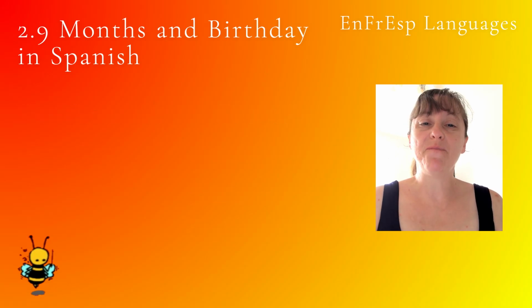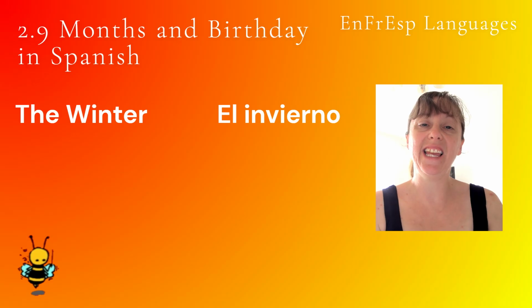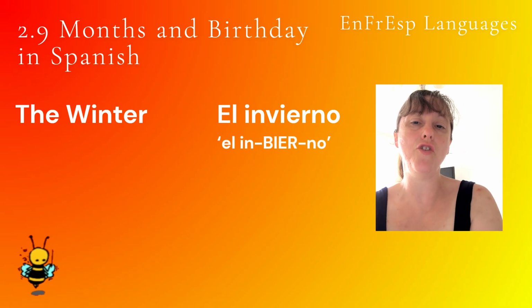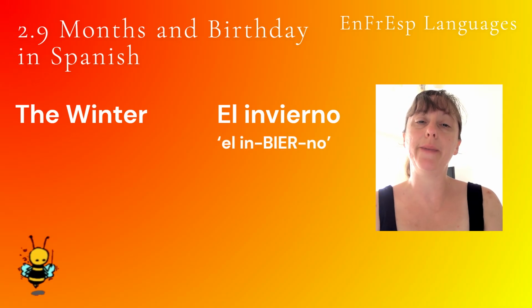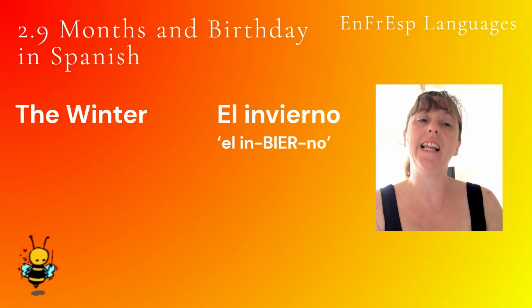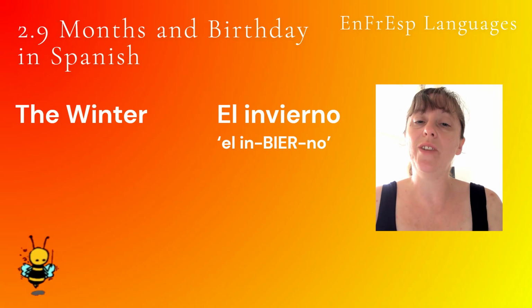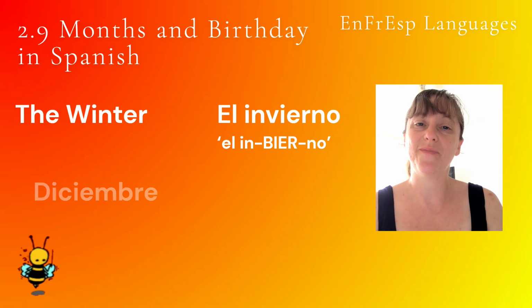And finally, the winter is El invierno. El invierno. The V is making a B sound again, and the second I is making an E sound. El invierno includes Diciembre.